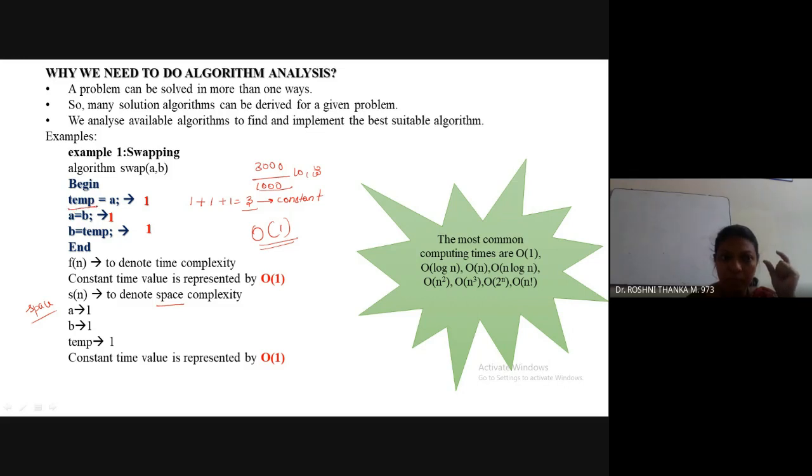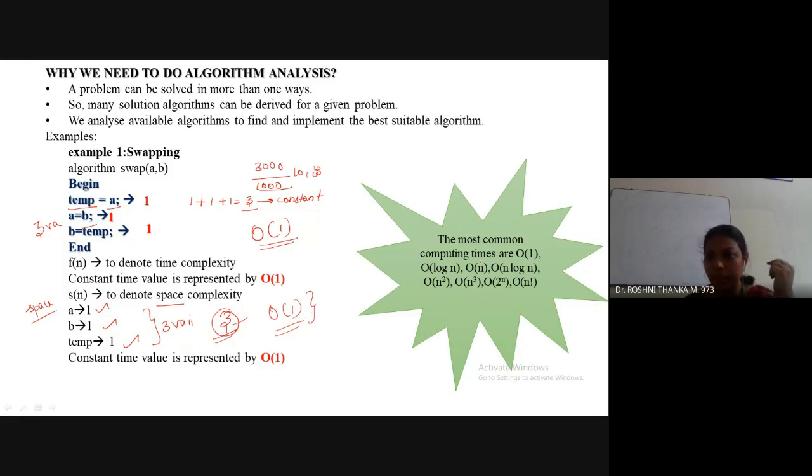Temp is one variable, a is one variable, b is one variable. So totally we are using three variables, a, b, and temp. I already told you whenever we get any constant, we represent that complexity as big O of 1. Even 3 or 3000 or 300 or 10 or 20, whatever it may be, the space complexity is also big O of 1.